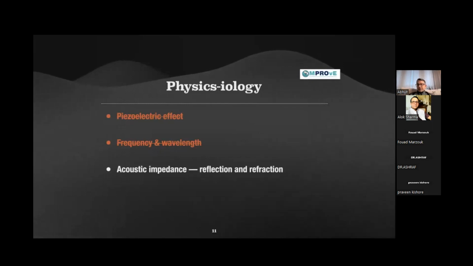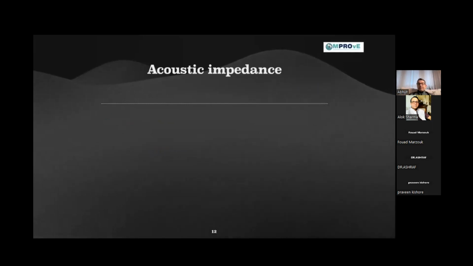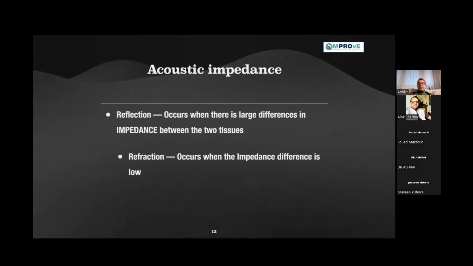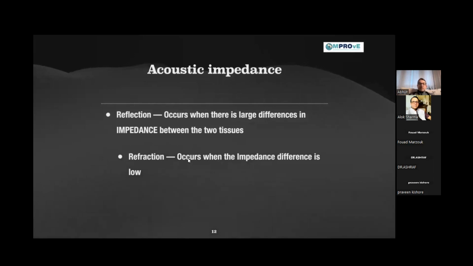Now, acoustic impedance. When we talk about impedance, it's basically the resistance faced by the ultrasonic waves, which creates reflection and refraction. When the ultrasound waves propagate through the medium, the resistance offered by the medium will have an impact on the waves, so they will end up reflecting.